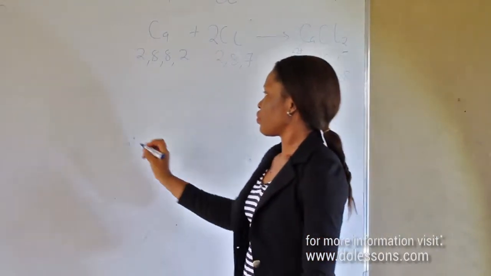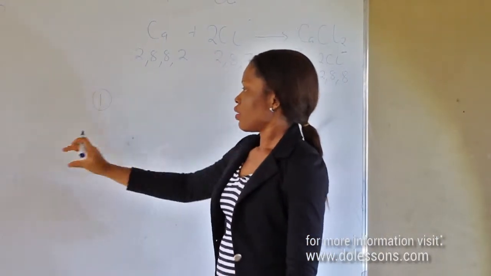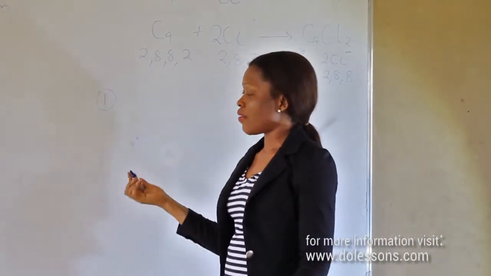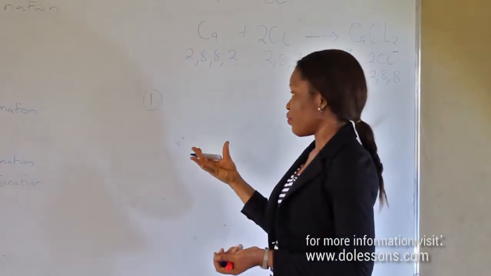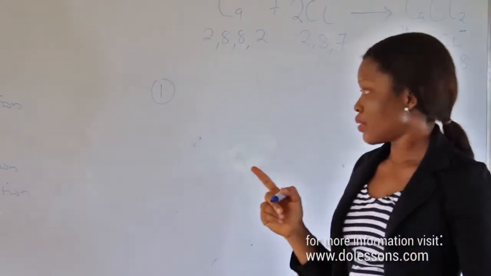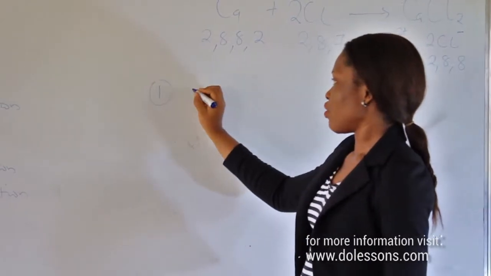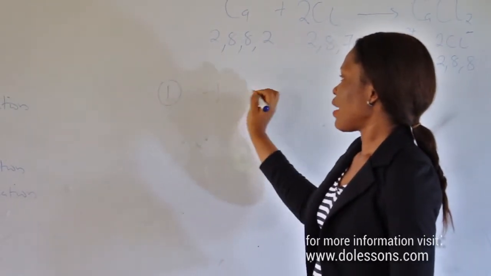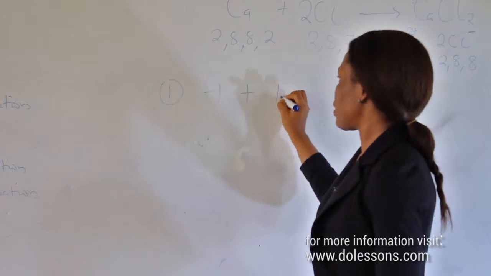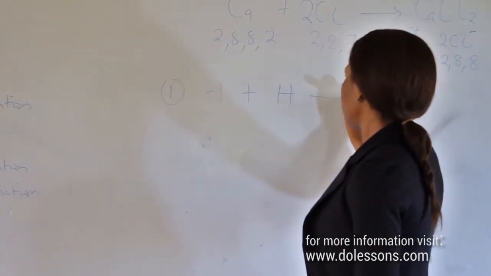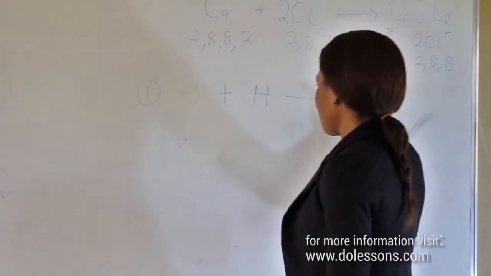For example, for ordinary covalent combination, we have a type that involves formation of single covalent bond. Example, in the case of hydrogen, if hydrogen atom combines with another hydrogen, it forms hydrogen gas.